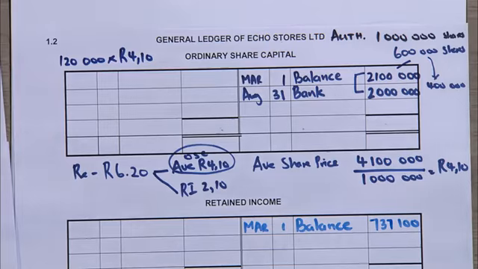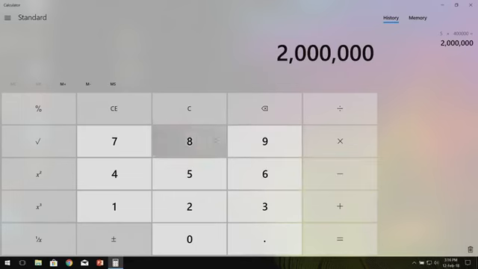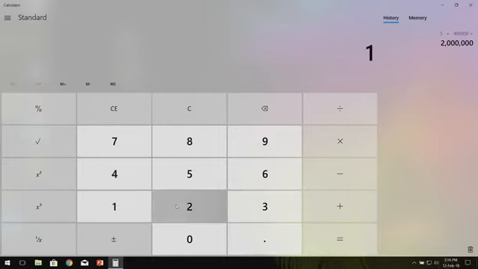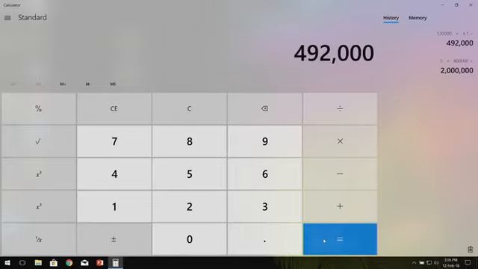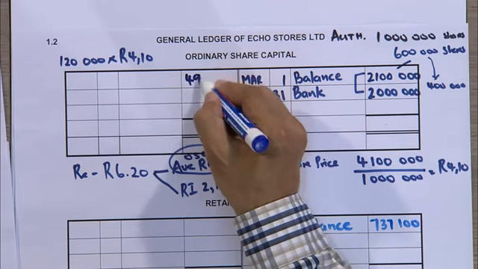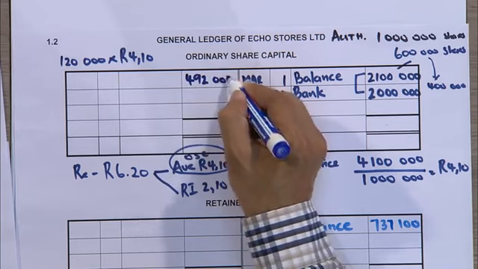Okay, so if we multiply that, 120,000 multiplied by 4.1, your capital is going to decrease by 492,000.